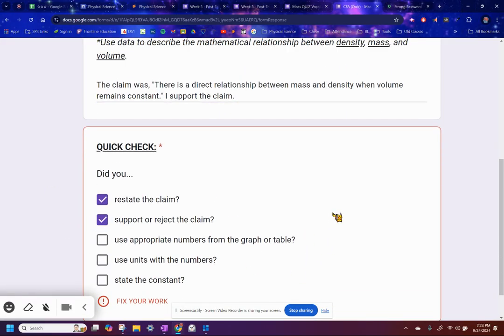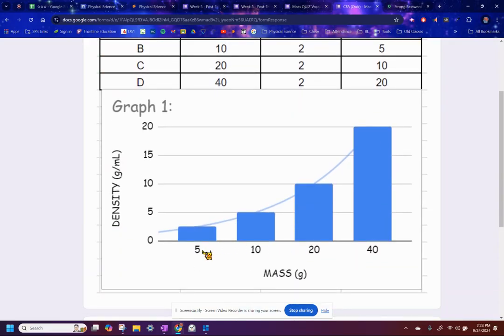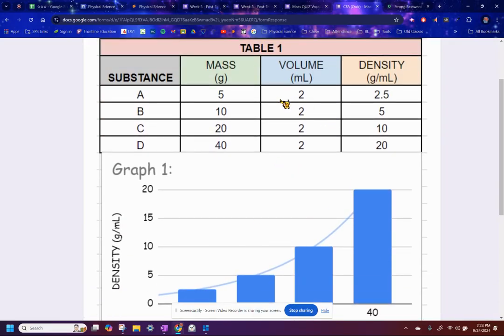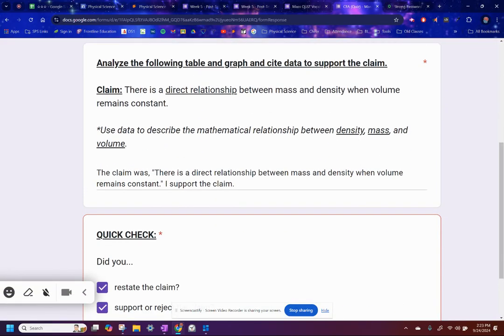Appropriate numbers from the graphs or tables. So I'm just going to pick out two. When the mass was 5, the density was 2.5.